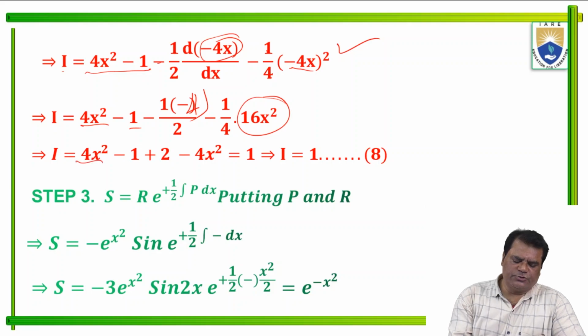So this is 4x squared minus 1 minus minus plus 2 minus 4x squared. The 4x squared cancels, so I is 1.